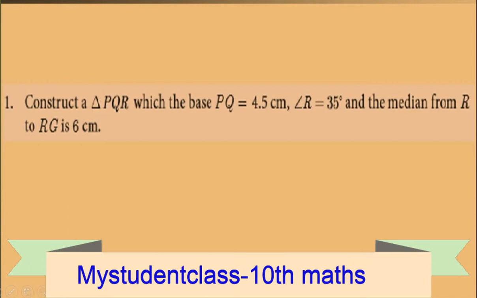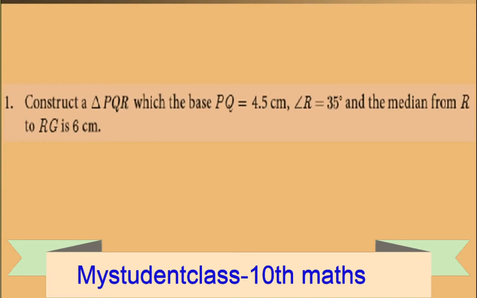Here we are asked to construct a triangle PQR. We want to construct a triangle PQR in which the base PQ is equal to 4.5 centimeter, the angle R is equal to 35 degrees, and the median from R to RG is 6 centimeter.